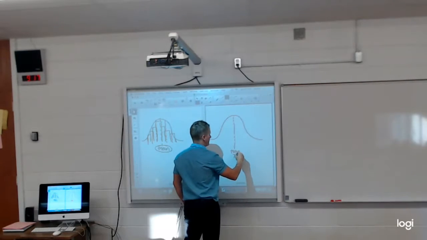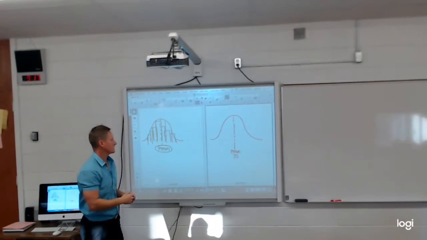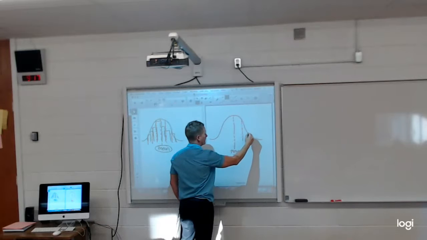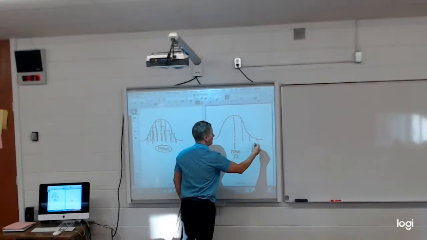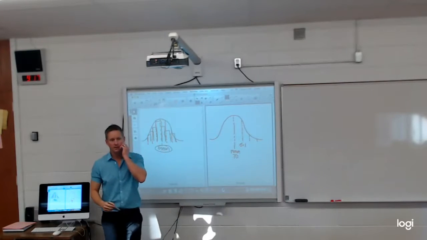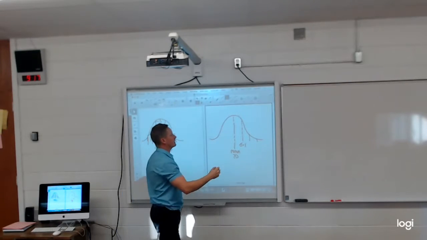I'm going to say that my mean for a test was 70%. Okay, so I'm going to make this make sense. My mean for my test is 70%. This is 1 standard deviation above the mean. So 1 standard deviation above the mean. Now let's say that we calculated our standard deviation.